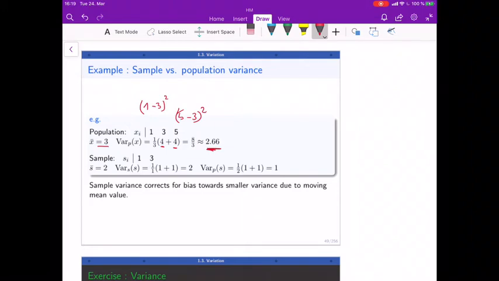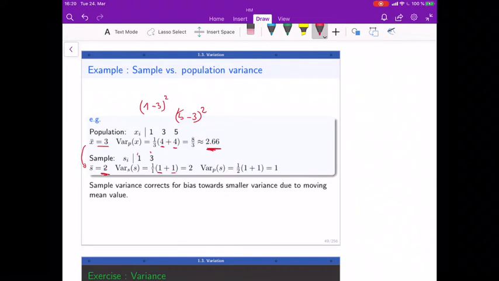Now, if we only have a subsample of this, if we only got the data points 1 and 3, we're missing the 5, and obviously my sample mean value will be 2. So it's off by a little bit, meaning that my variance, if I calculate it, is 1 minus 2 is 1, and 3 minus 2 squared is also 1.